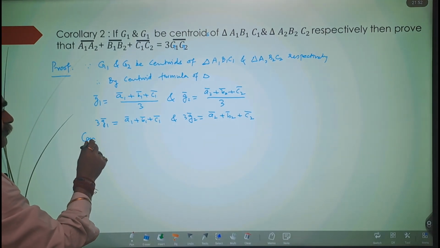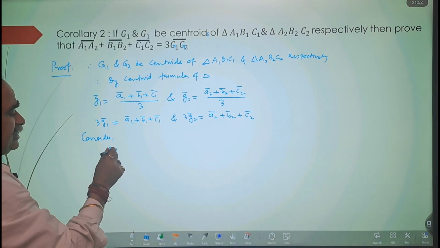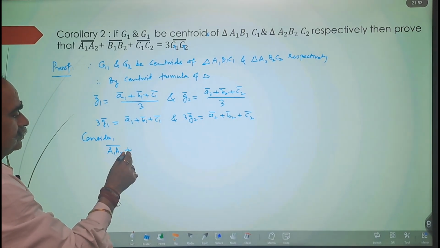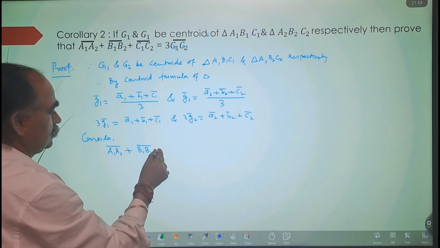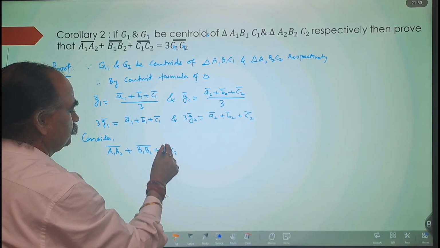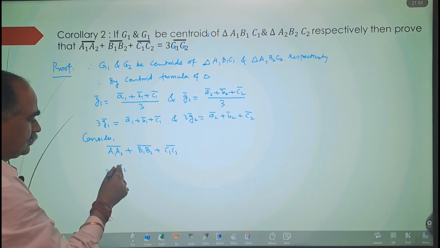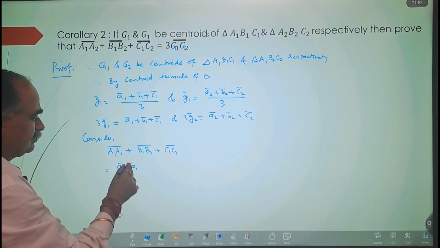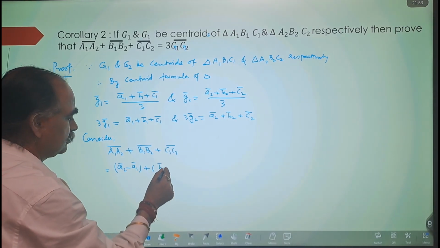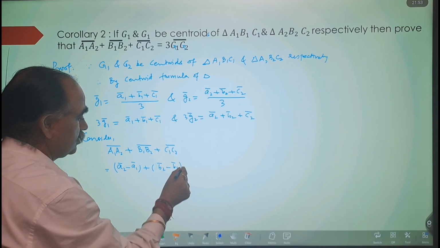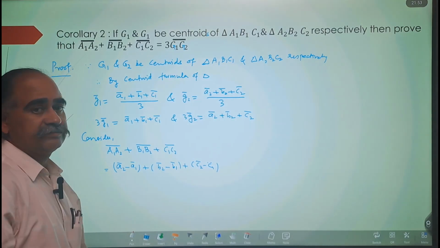Consider A1A2 bar plus B1B2 bar plus C1C2 bar. A1A2 bar is what? A2 bar minus A1 bar plus B2 bar minus B1 bar plus C2 bar minus C1 bar.